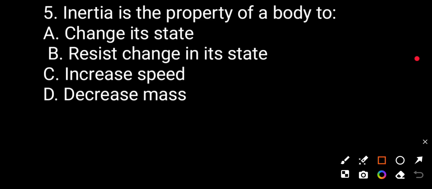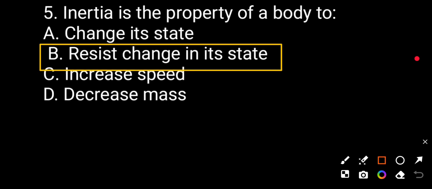Question number 5. Inertia is the property of a body to change its state, resist change in its state, increase speed, decrease mass. The correct answer will be B. Inertia is the property of a body to resist change in its state.